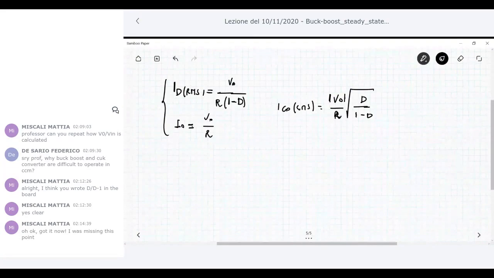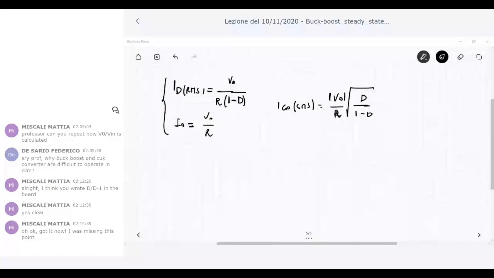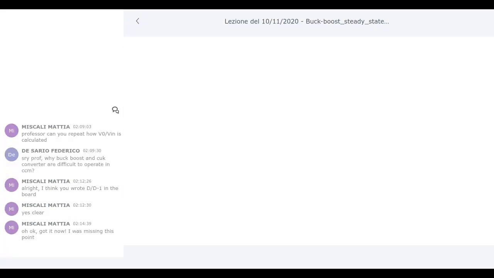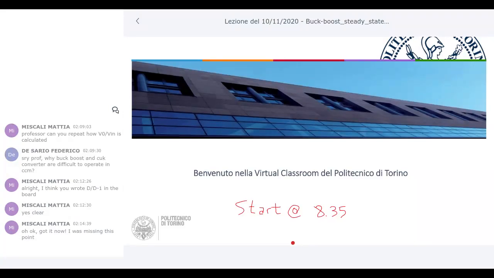You may have different waveforms, but typically the diode and the MOSFET currents are always the same. So you can have more or less the same kind of computation, and you can take this derivation as an example of computation you can do in your examination or when you design your converter.